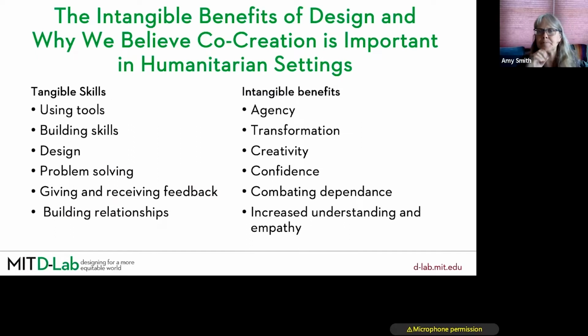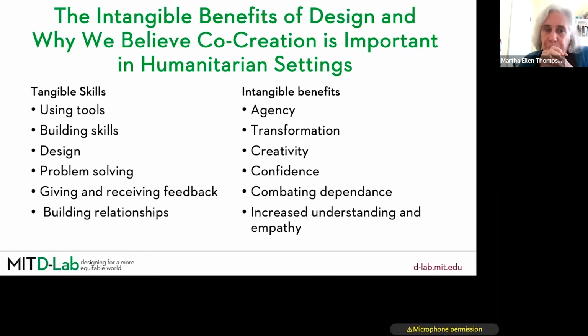Right. So when we talk about co-creation and design in humanitarian settings, this is the work that Amy and I and our colleague Kiwan are doing at D-Lab. We tend to divide it into tangible skills and intangible benefits.